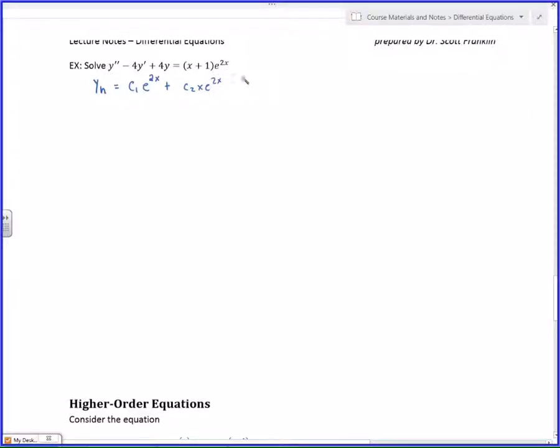Right, so x e to the 2x. All right, so here's my y1, e to the 2x. I'm going to call x e to the 2x my y2. Okay, so W will be e to the 2x, x e to the 2x.